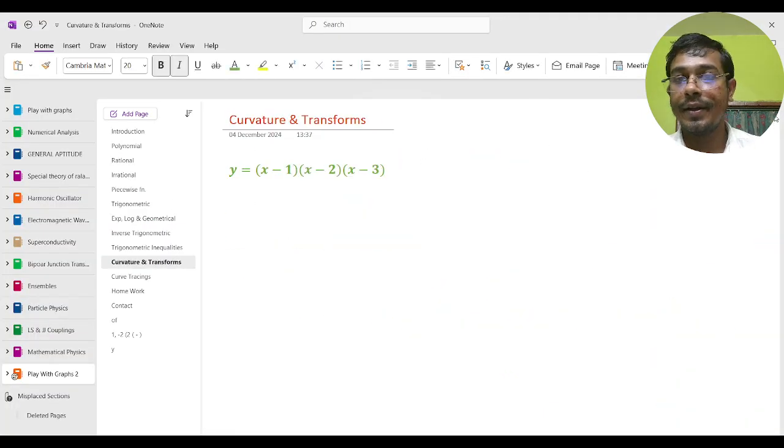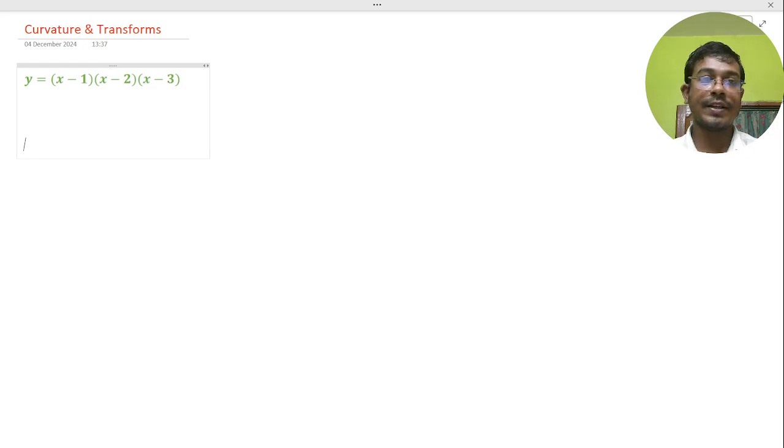Go ahead, our next topic is the curvature and the transformations. Another important part is y equal to sin x or sin inverse x.